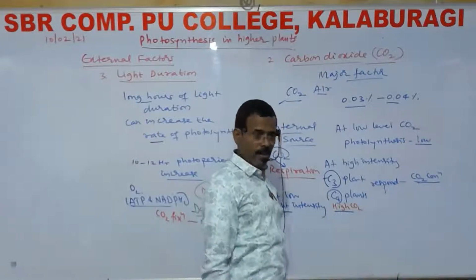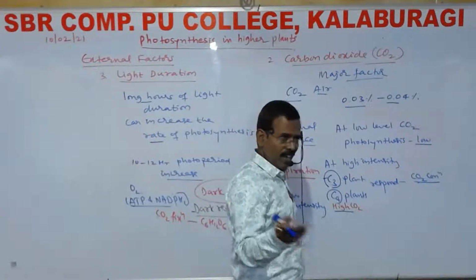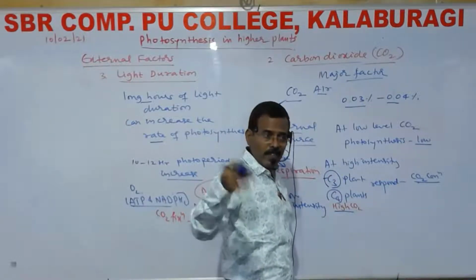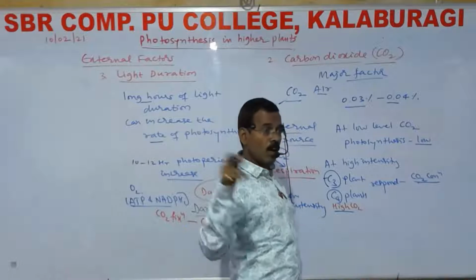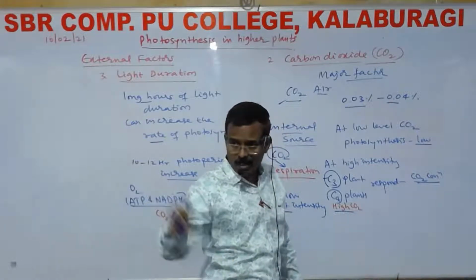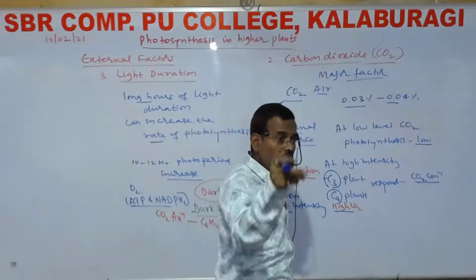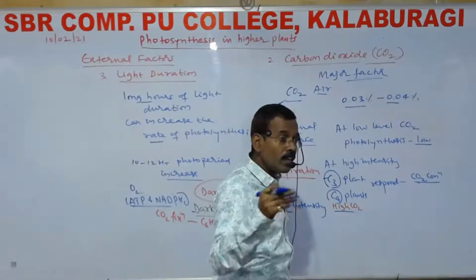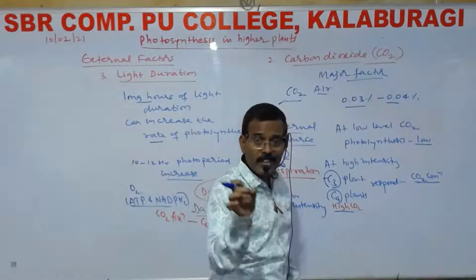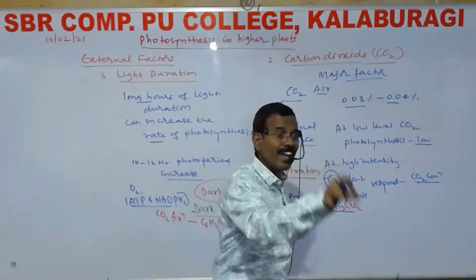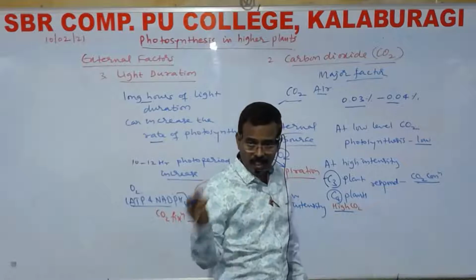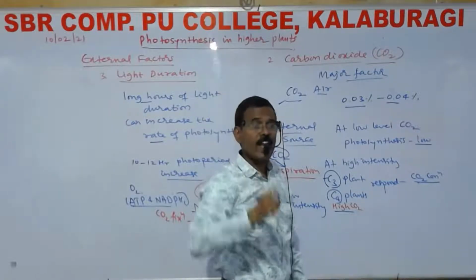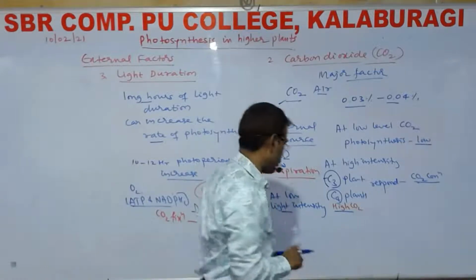Because in C4 plants, PEP carboxylase catalyzes carbon dioxide fixation in the mesophyll cell, and the other fixation, carbon dioxide fixation in the bundle sheath cell by Rubisco, has its carbon dioxide concentration always maintained, because that carbon dioxide comes from decarboxylation of organic acid. The carbon dioxide for the Calvin cycle in C4 plants is not coming from the surrounding air. Remember that.